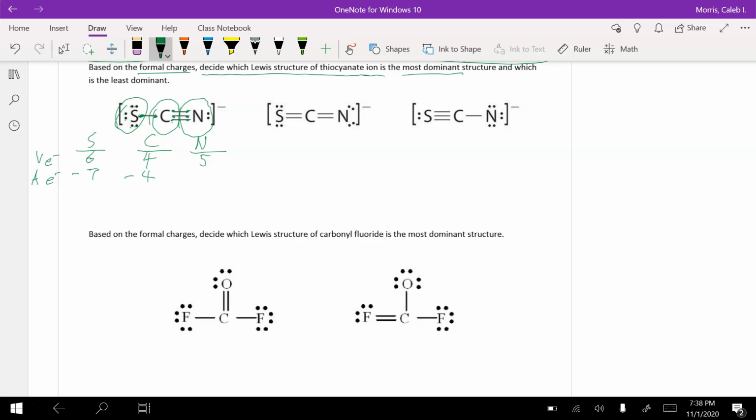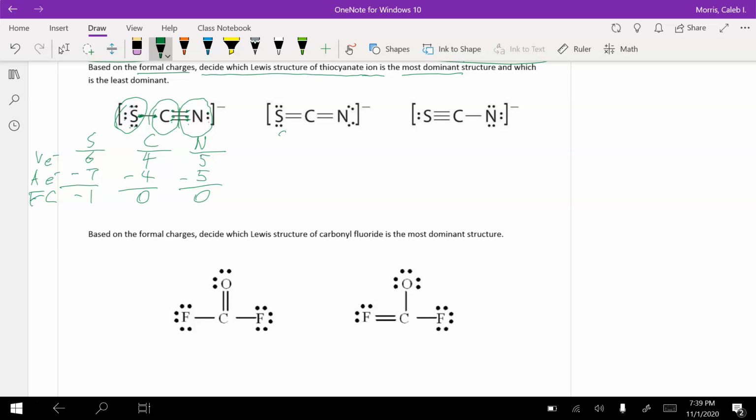And for nitrogen, it's 1, 2, 3, 4, 5. So subtract 5. We get the difference, and that's going to give us our formal charge. 6 minus 7 is negative 1, 4 minus 4 is 0, 5 minus 5 is 0. So we have formal charges of negative 1, 0, and 0. We want to pick the structure that has the formal charges closest to 0 overall.